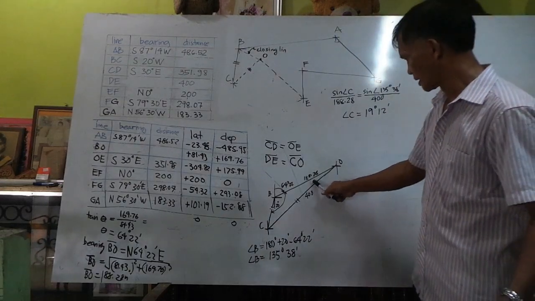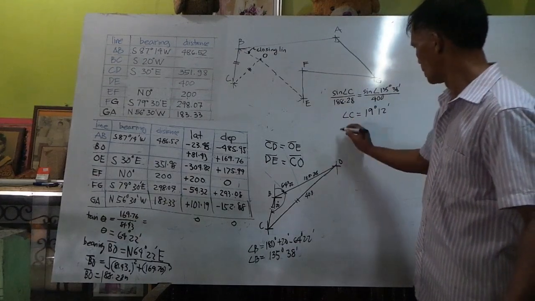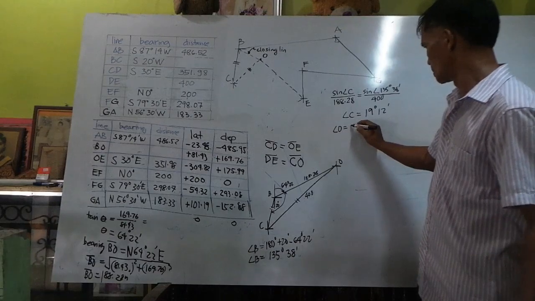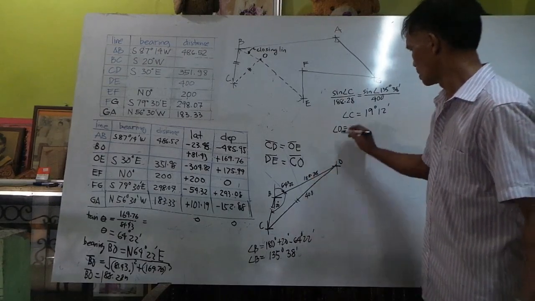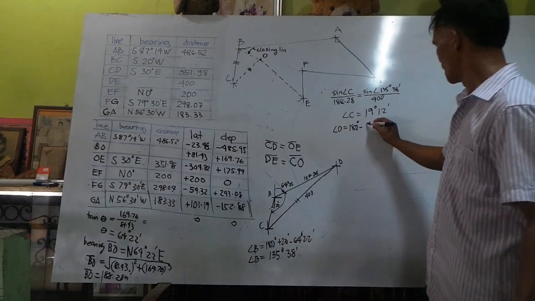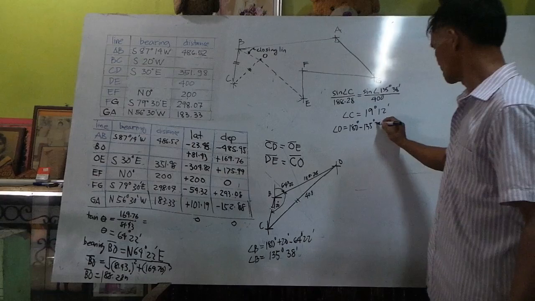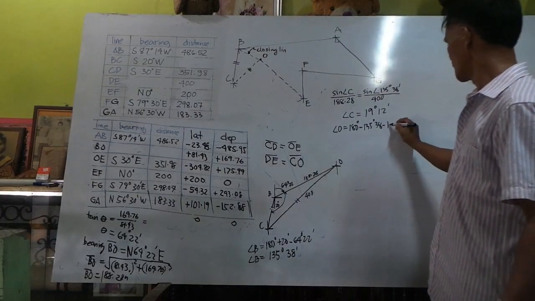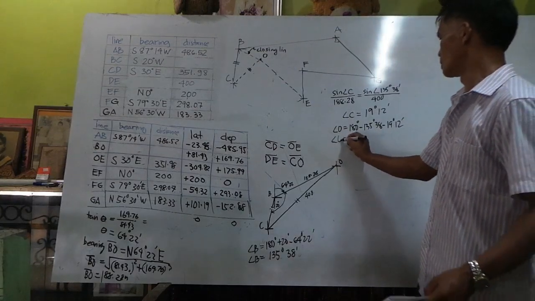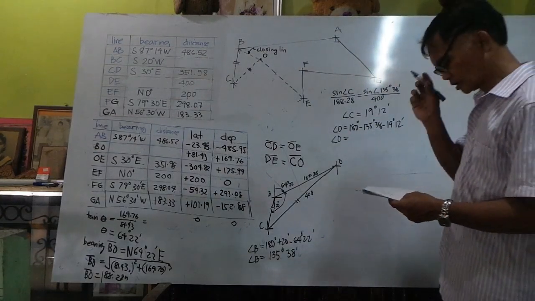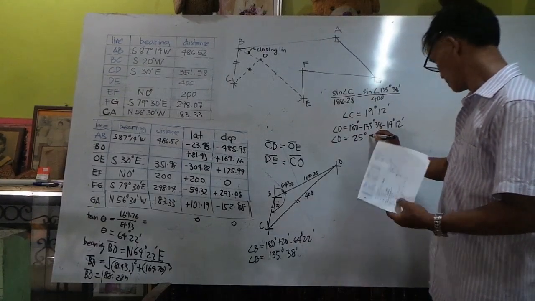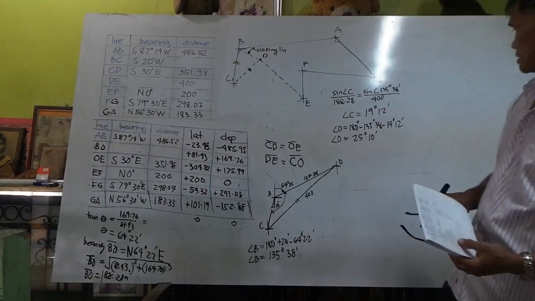Angle O is equal to 180 degrees minus 135 degrees 38 minutes minus 19 degrees 12 minutes, which is 25 degrees and 10 minutes.